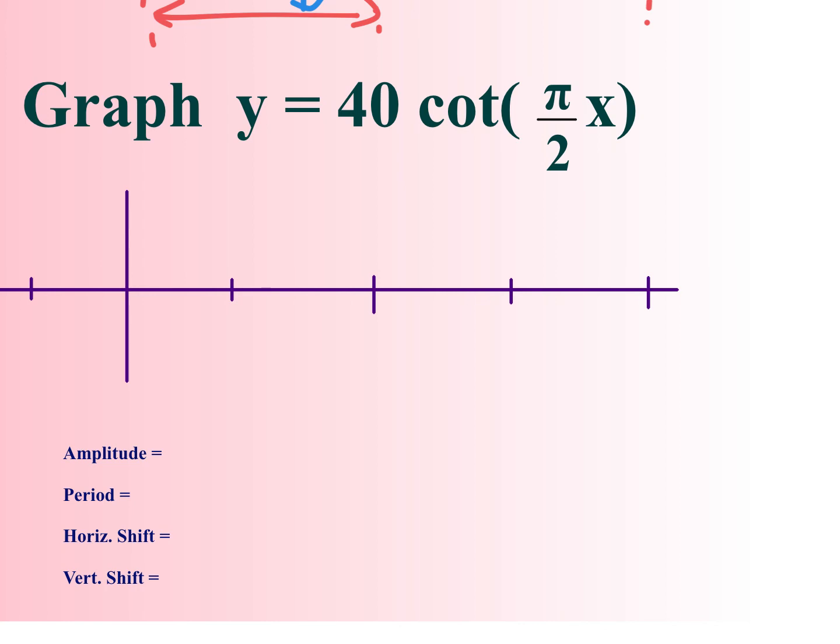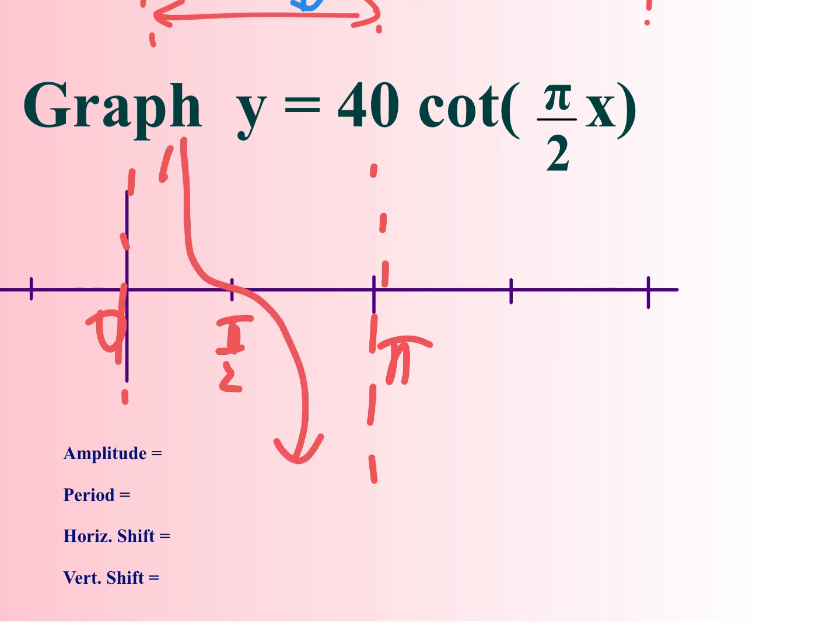I just need to talk about basically one thing after that. So cotangent has asymptotes at pi and 0, and this one's pi over 2, and then it runs like that. But then we change this spot to be 40, and this spot to be negative 40, and then the halfway marks at pi over 4 and 3 pi over 4.